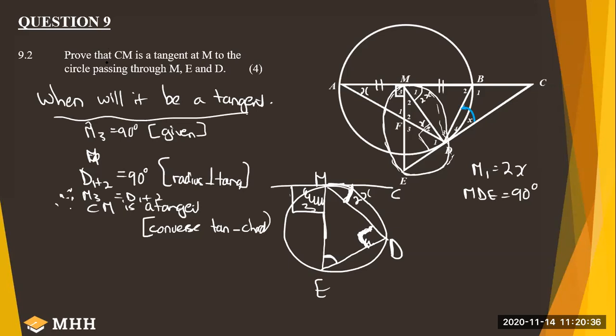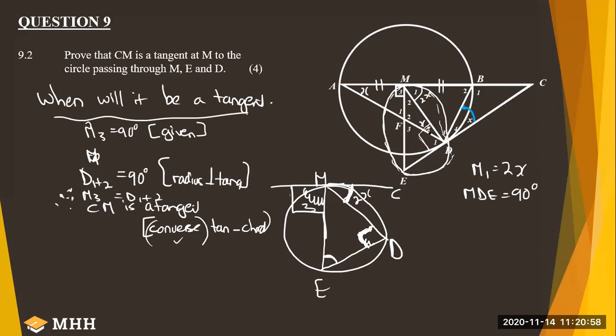This was proving it's a tangent. But they will mark it right if you didn't use the word converse. Converse just means it's the opposite of your tan chord. I would use it because it's more correct, but they won't really mark you wrong.